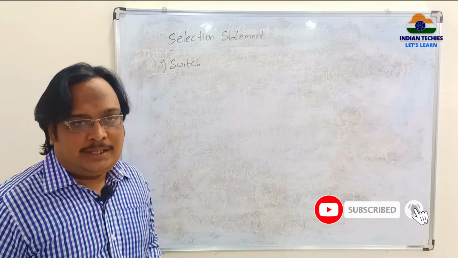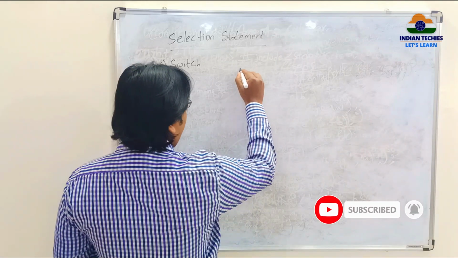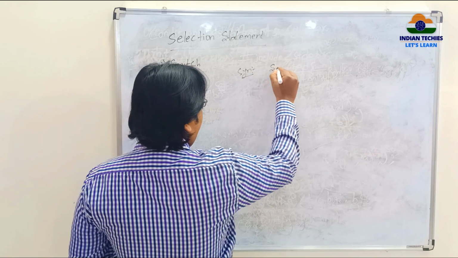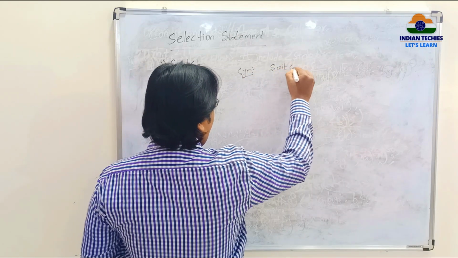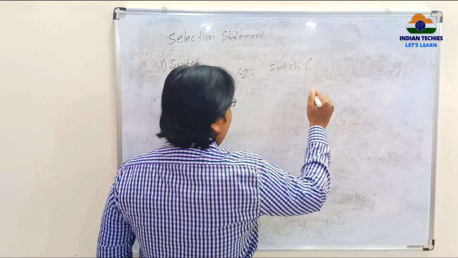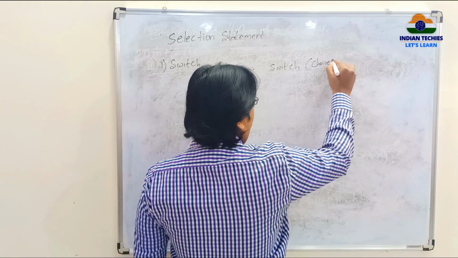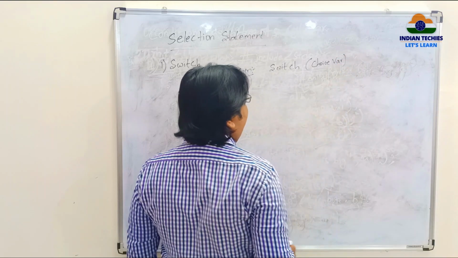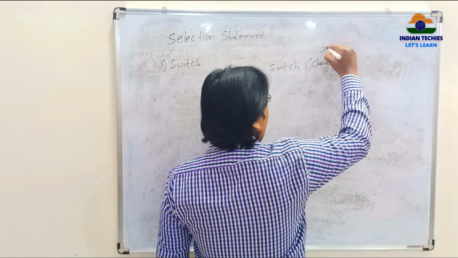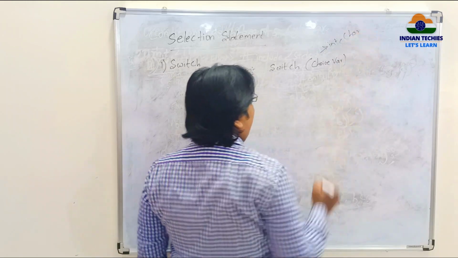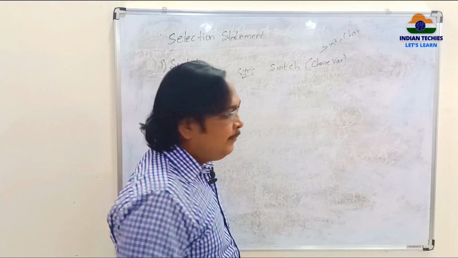Now, let us see the syntax of a switch statement. The syntax is switch. Here, you will be writing one choice variable. Remember, this choice variable must be integer or character only. I will tell you the reason later.